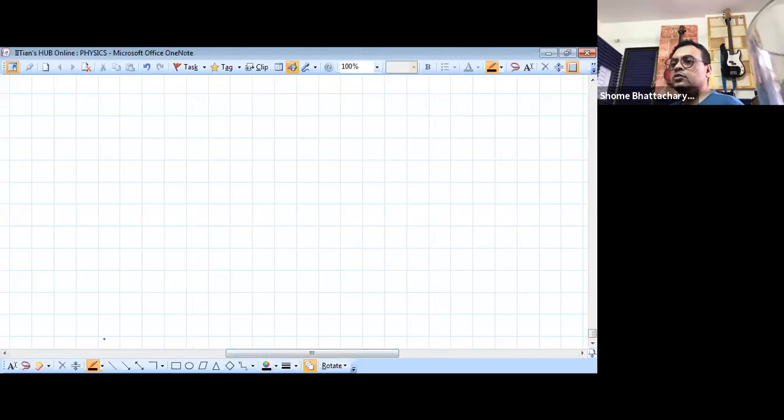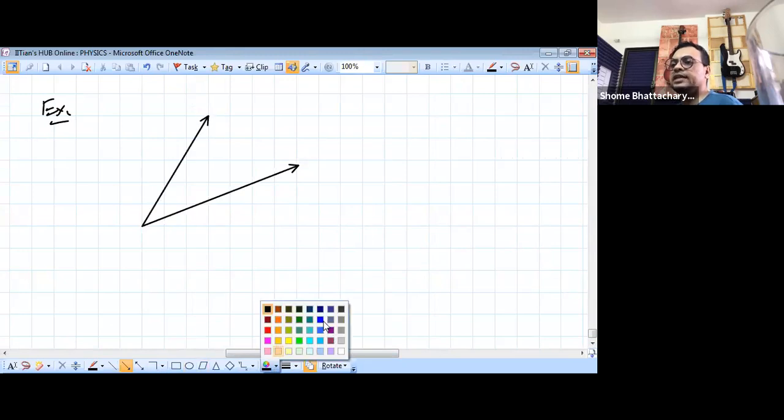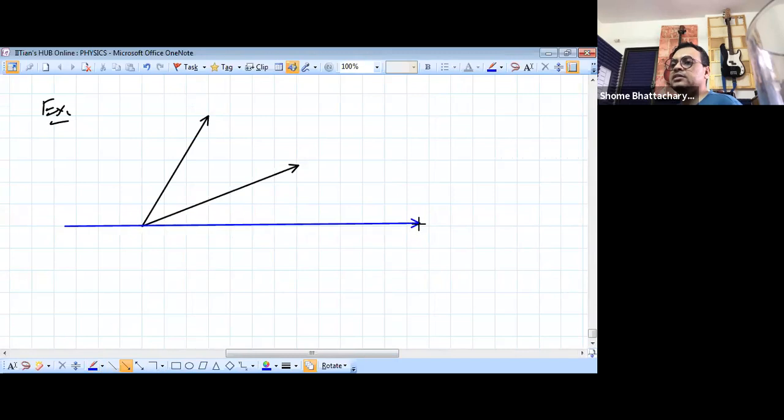Okay. So, for example, if 2 vectors are drawn for me like this, one vector is like this, and one vector is like this, with respect to the given xy plane. This is my given x axis, and this is my given y axis.